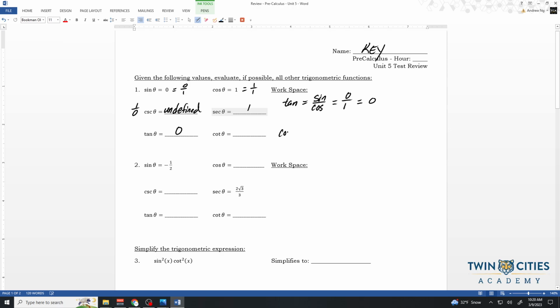And the cotangent would be cosine over sine, because tangent and cotangent are reciprocals of each other. So if this is 0 over 1, then this is 1 over 0, which means that the cotangent is going to be undefined as well.